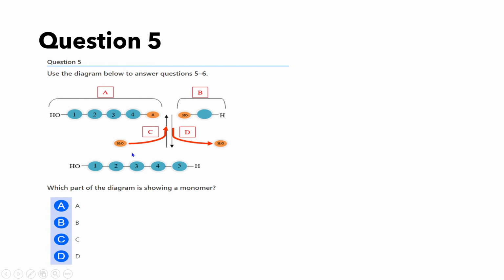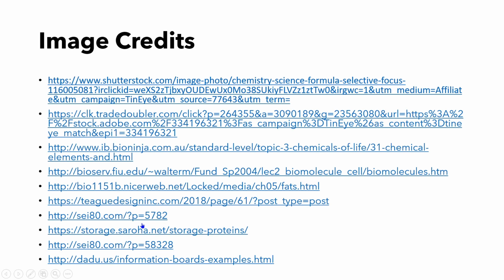C is a water molecule that is being put in through hydrolysis, and D is a water molecule that's being taken out, typically used in dehydration synthesis. So we can automatically remove C and D. And because B is being added on to A, we can reasonably assume that B is the answer. B is the monomer.